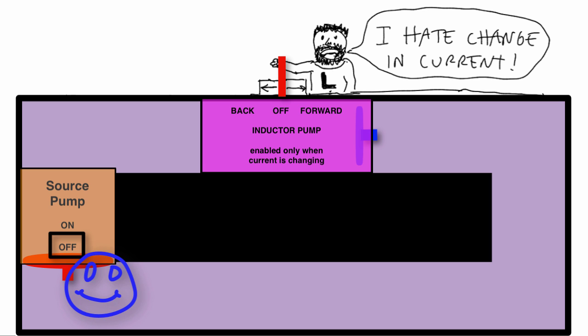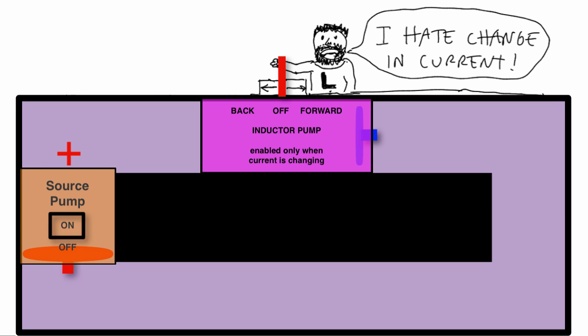Then some joker comes along and turns on the source pump, some pump that's going to start moving this water through the tube. And the pump is set up so when you turn it on, this becomes the high pressure side and this side becomes low pressure, just like positive and negative of a battery.